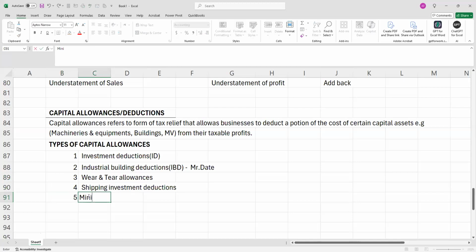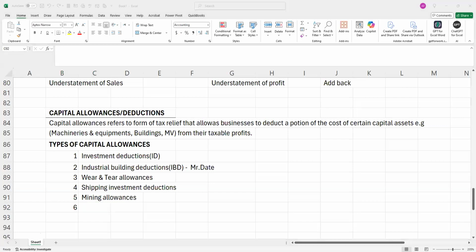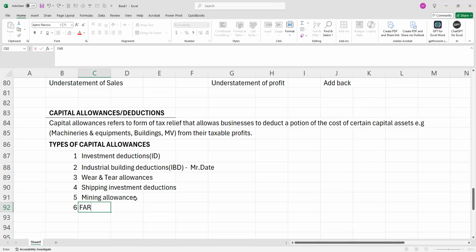Then mining allowances, and farm work deductions.